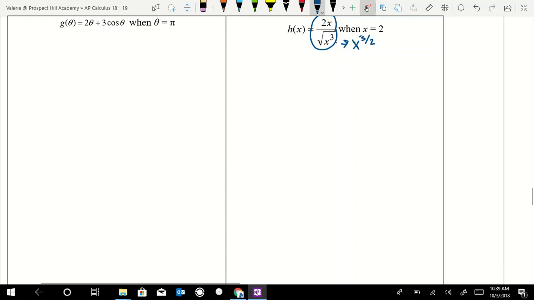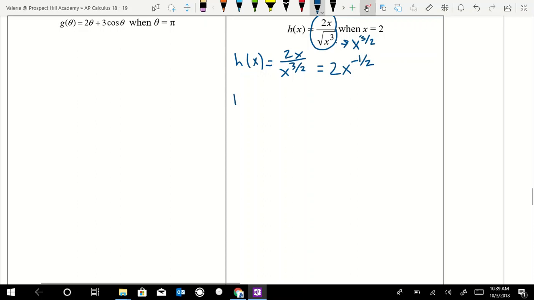And when we rewrite this whole thing, h of x would then be equal to 2x over x to the 3 halves, which we can simplify to 2x to the negative 1 half.